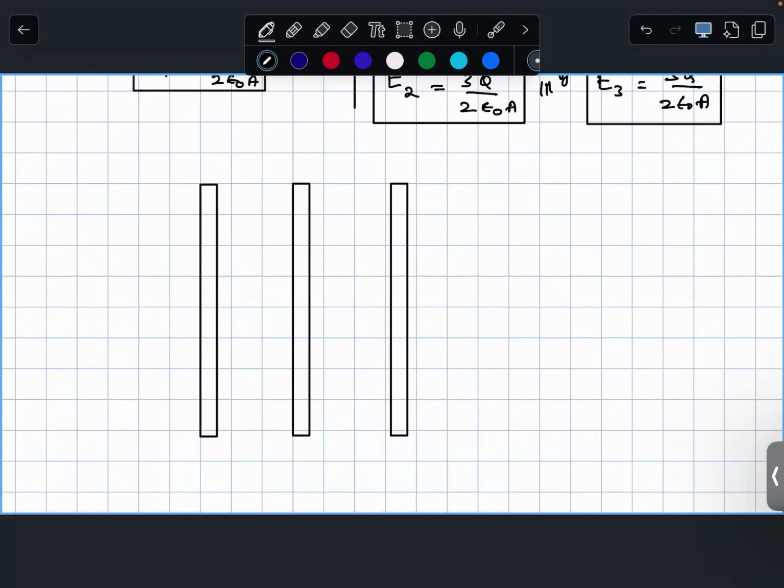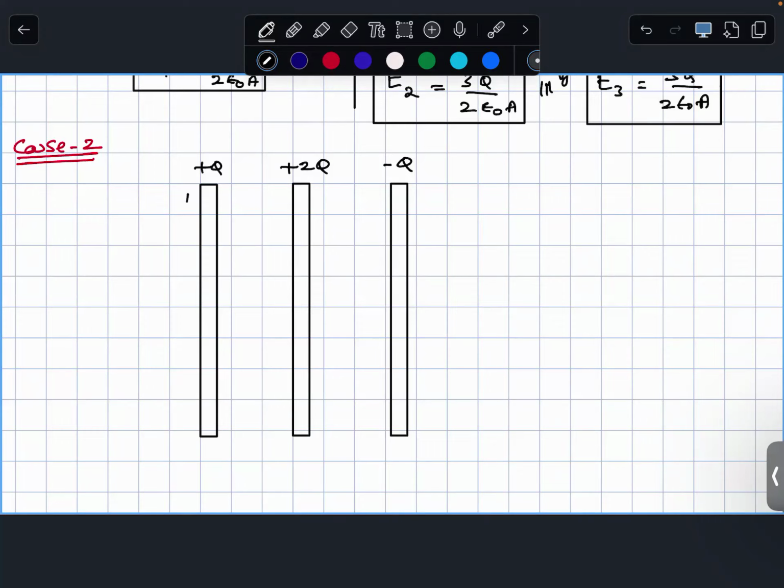This is the next case, case 2. Okay? So the charges that I have given are plus Q, plus 2Q, minus Q. Now how does the distribution get affected?